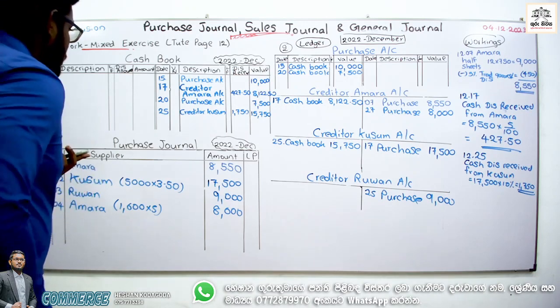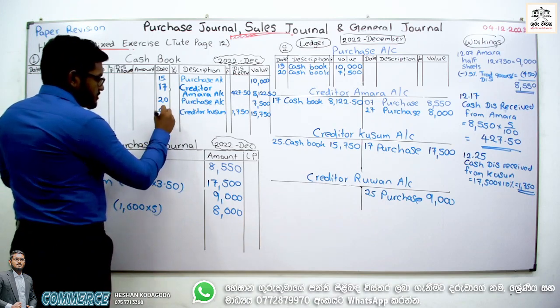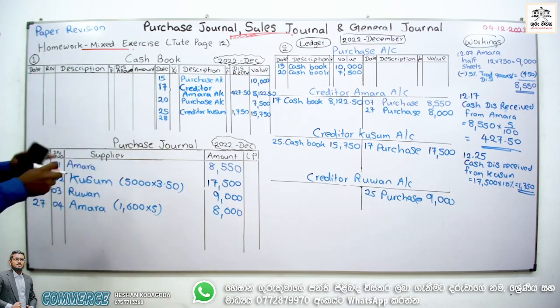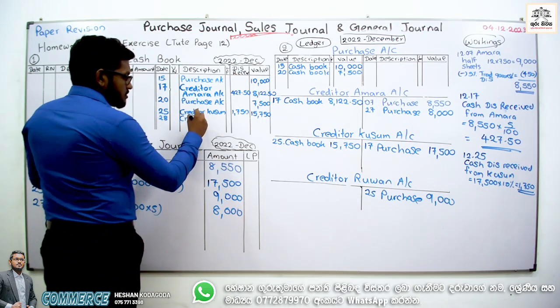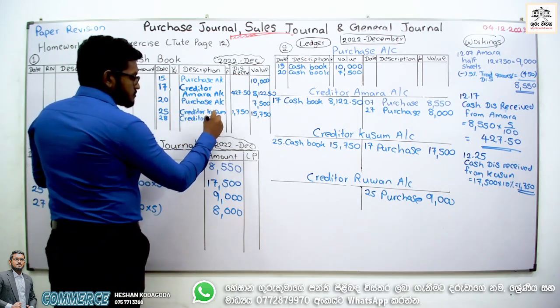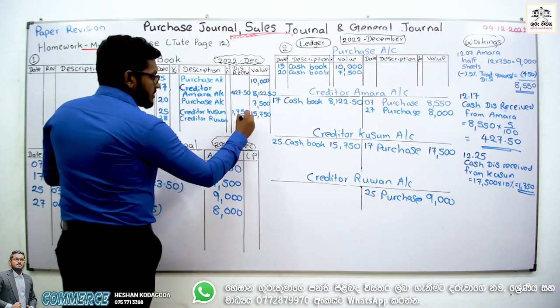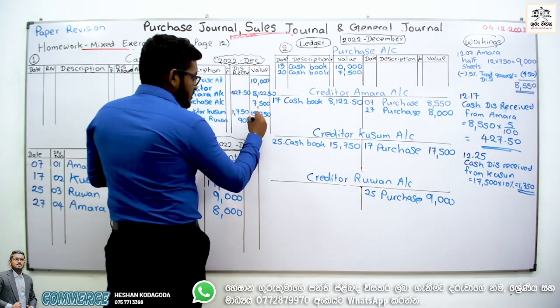So we are paying on the 28th. To whom are we paying? We are paying creditor Ruan. Received discount is 900, so we only need to pay 8,100.